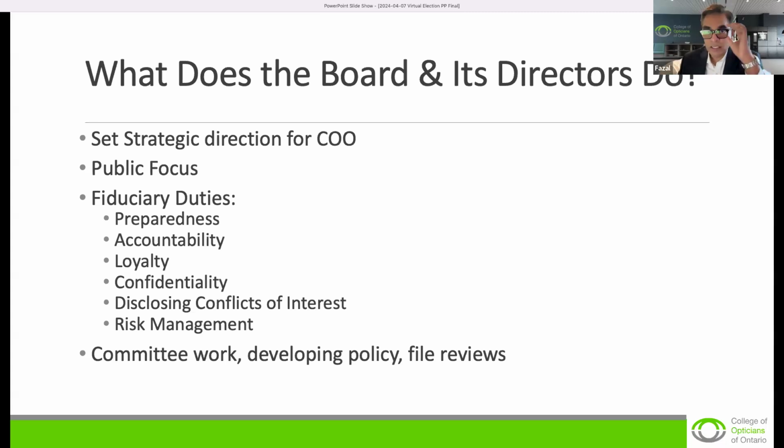Typically, the administration gathers information about what's happening in the profession, in regulatory, and amongst the public. The board then discusses this, looks at all the different data, and comes up with a strategic plan. Again, the focus is public, and there are requirements, fiduciary duties.